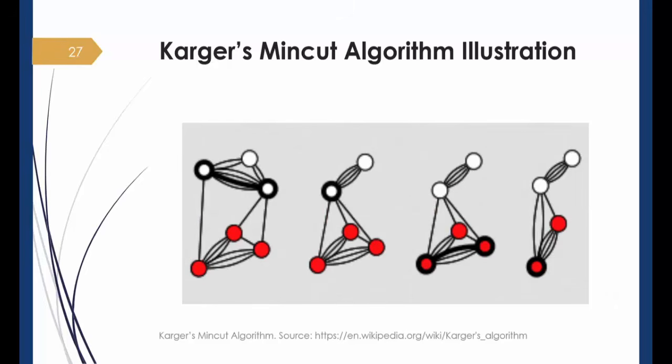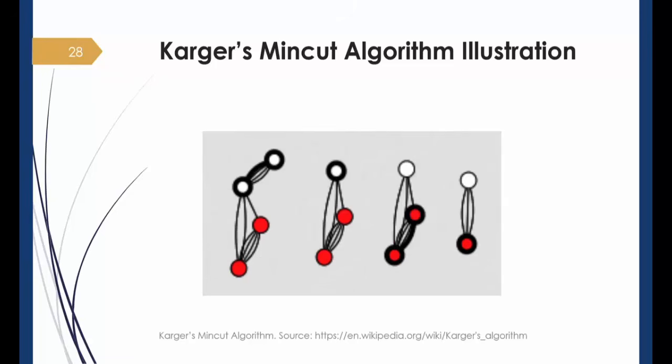We continue on, and finally we will be left with a scenario like this, where you have 2 vertices and a few edges going across them, and each of these super vertices, if you will, or super nodes, is actually representing a larger set of vertices in the original graph.